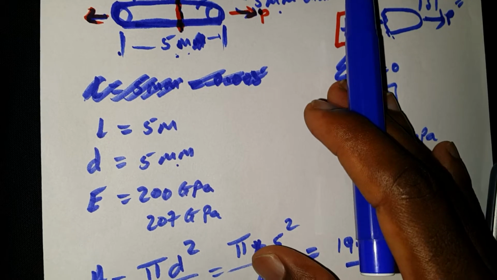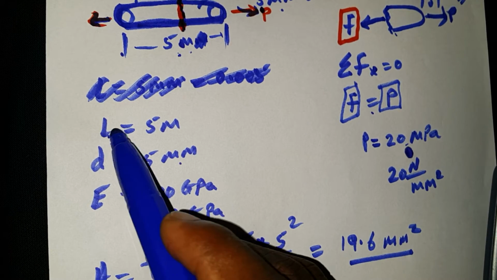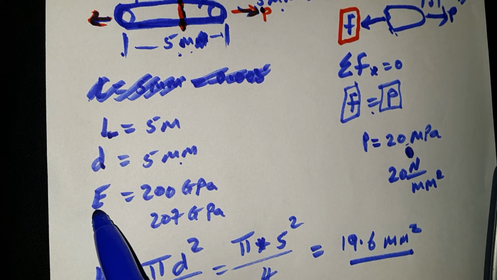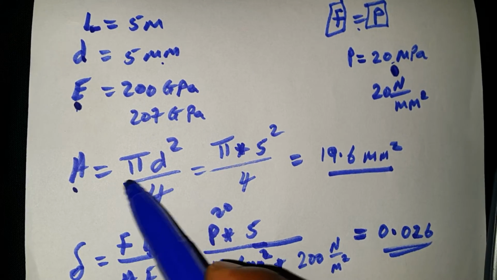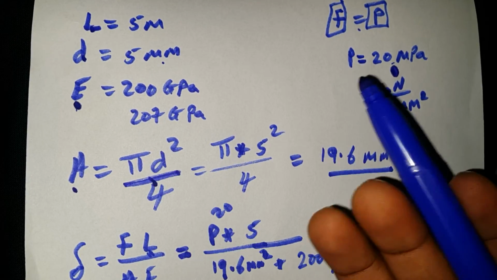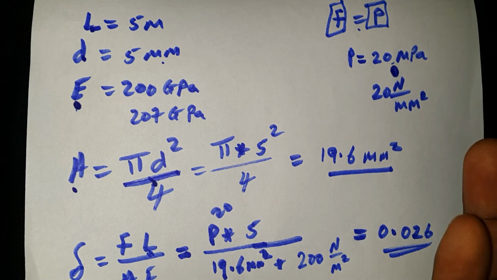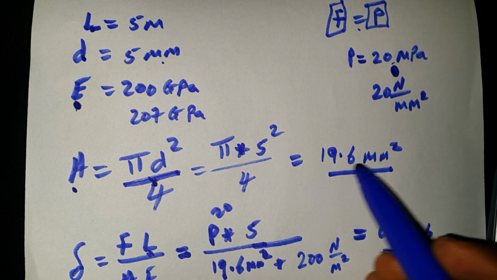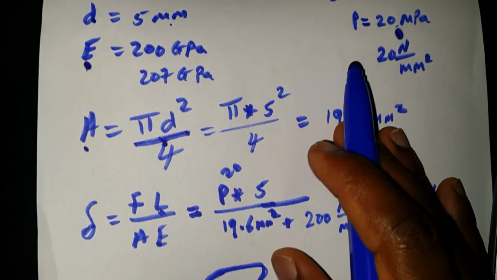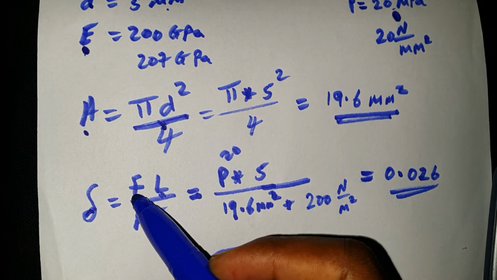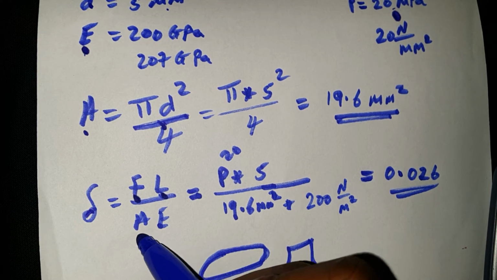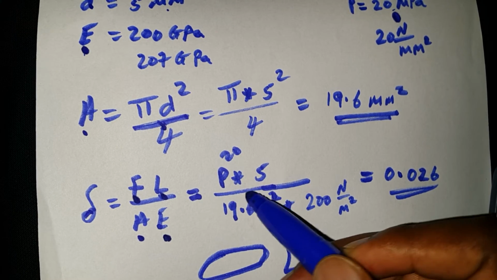Then try to analyze it. You have the length, you have the diameter, you have the Young modulus. Then find the area using the formula for finding the area. We found it here. Then put in the values: the force, the length, the area, and the Young modulus.